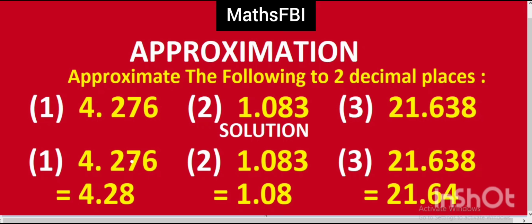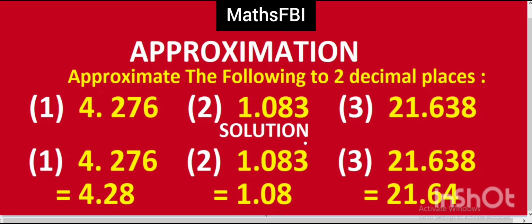Meanwhile, to round it down to 1 or round it up to 1, we consider the last number. And then if this is greater than 5, we round it up to 1 plus 7, so we got 8. So we got 4.28. That's how we arrived at this.